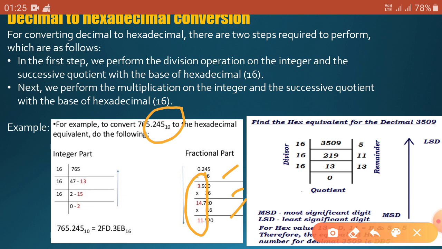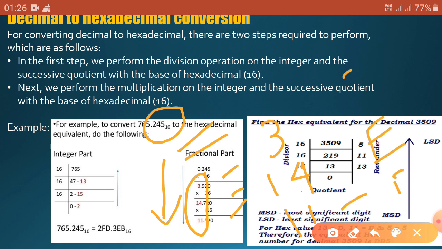Here it is 3, 14, 11, in red color. We collect all those numbers from top to bottom, because this is a fraction. So the number is 3, 14, 11. 3 means 3, 14 means E, and 11 means B.